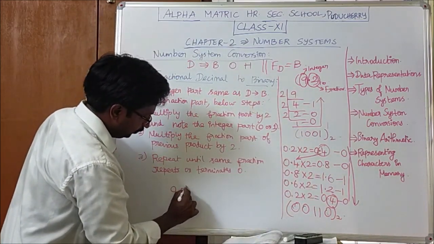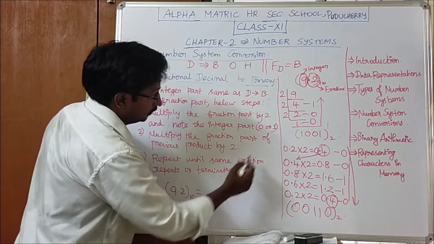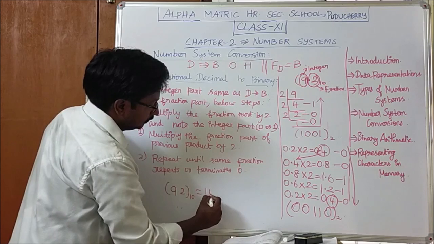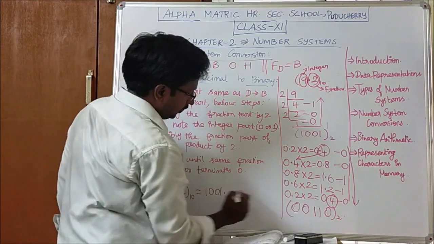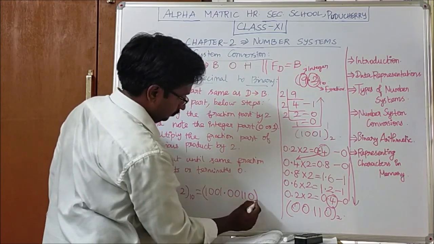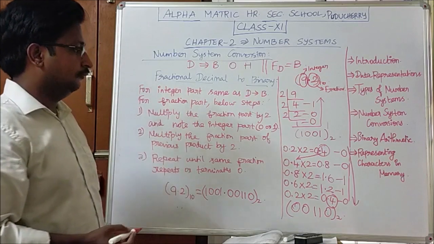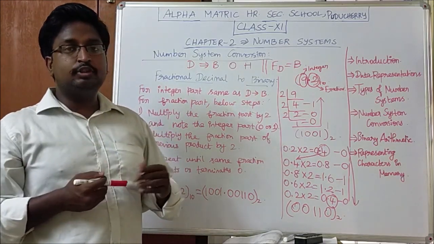Combining these two, 9.2 base 10 is equal to the integer part answer 1001 point 00110. This is how we convert a fractional decimal to binary.